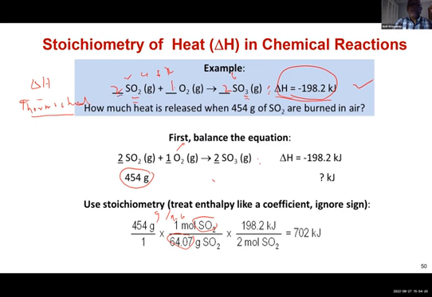Two moles gives this amount of energy. When you do the conversion factor, you get negative 702 kilojoules. That's how you calculate heat in a chemical reaction.